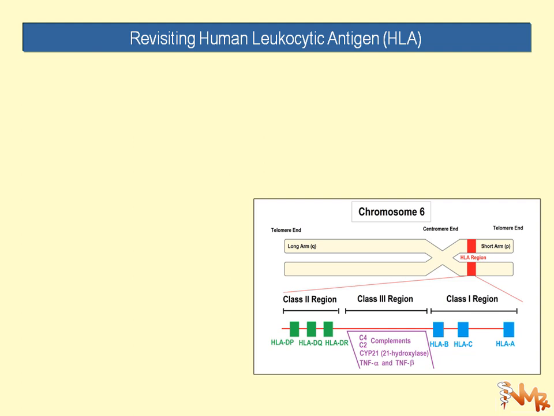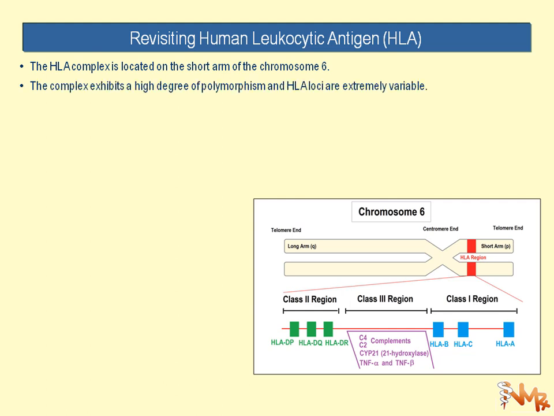Again, let's go through this concept together. The HLA complex is located on the short arm of the chromosome 6. The complex exhibits a high degree of polymorphism, and HLA loci are extremely variable. And every day the number of the alleles increases with the new technologies in immunology.